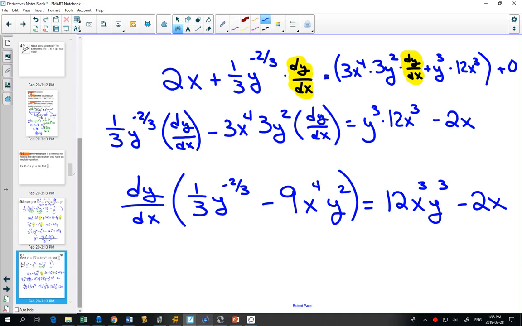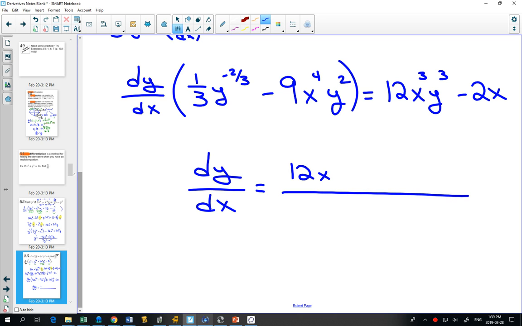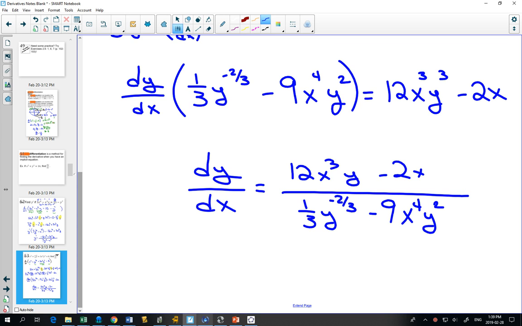Now that you've factored out that dy dx, you can just divide both sides. So this would stay the same up top here. And we're dividing by 1/3 y to the negative 2/3 minus 9x to the 4 y squared.